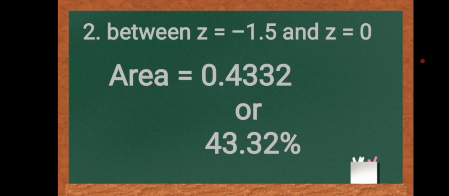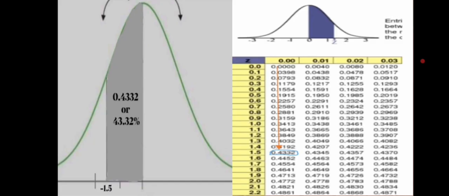Second sample, find the area under the standard normal distribution curve between negative 1.5 and 0. To get this area, we are using the z-table. Apply the fact that the standard normal curve is symmetric about 0. First, find the area between 1.5 and 0. Go down the z column to 1.5 and then across that row until the column 0.00.